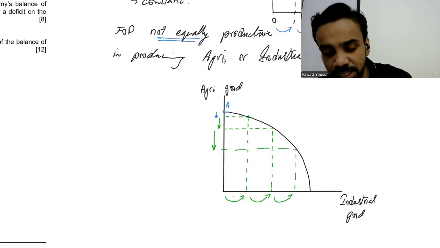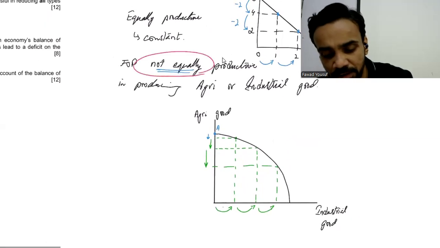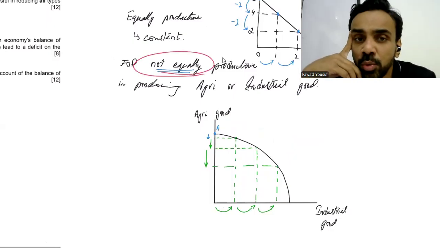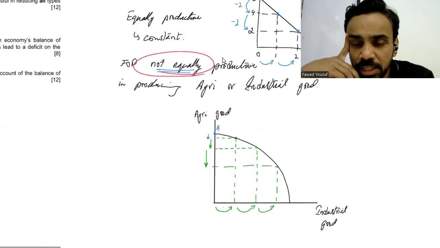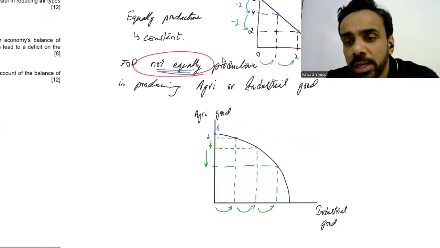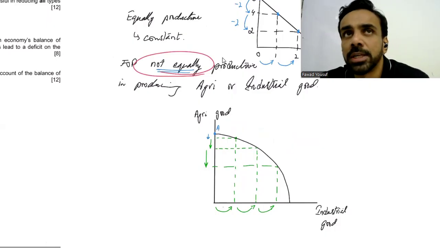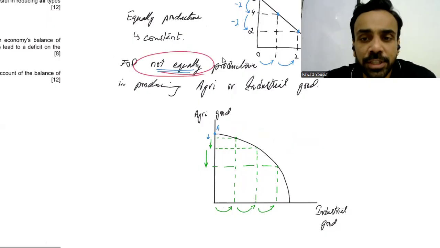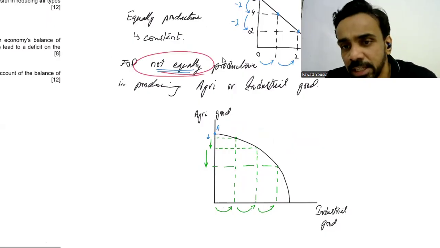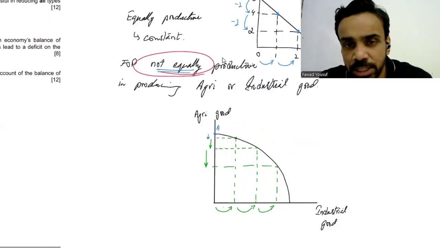So this connects to the idea we stated at the start, that factors of production are not equally productive. So in order to make more industrial goods, first you reallocate the least productive resource towards the industrial good. Therefore, the opportunity cost increases.